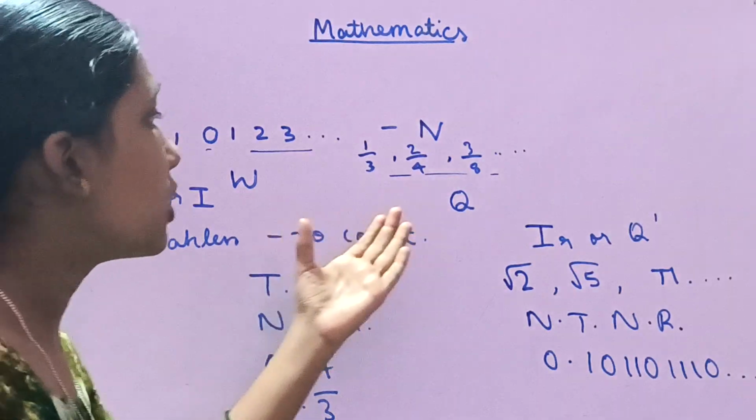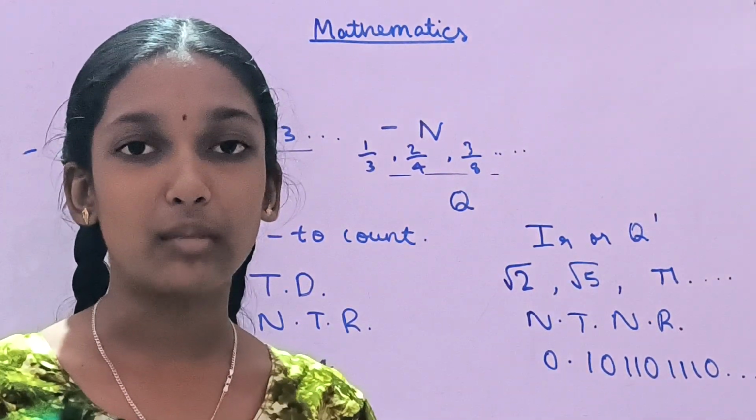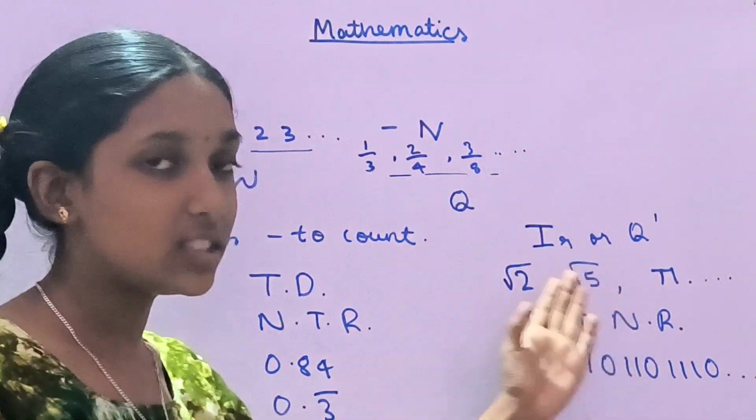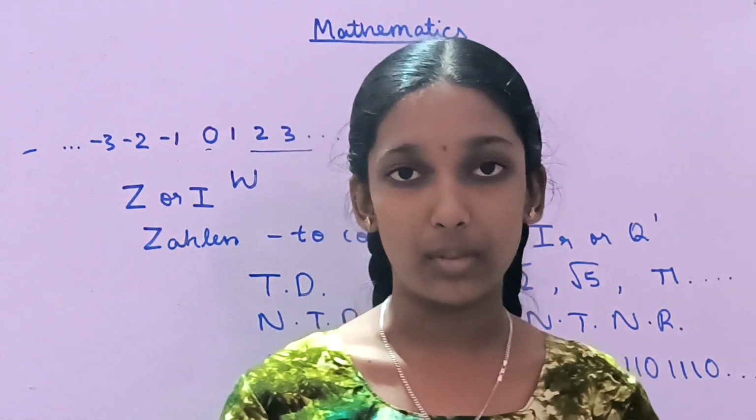So we learned about rational and irrational numbers. So what are real numbers? The set of rational and irrational numbers is called real numbers.